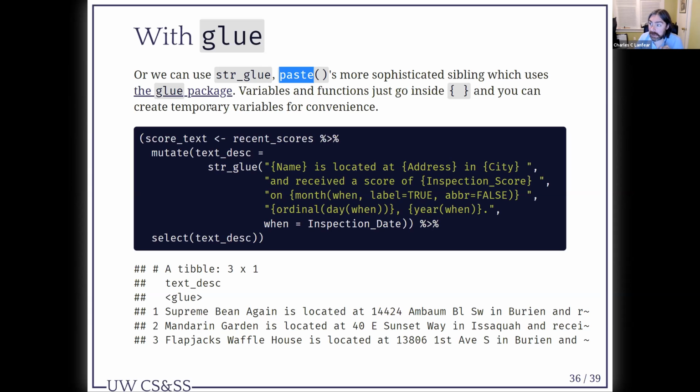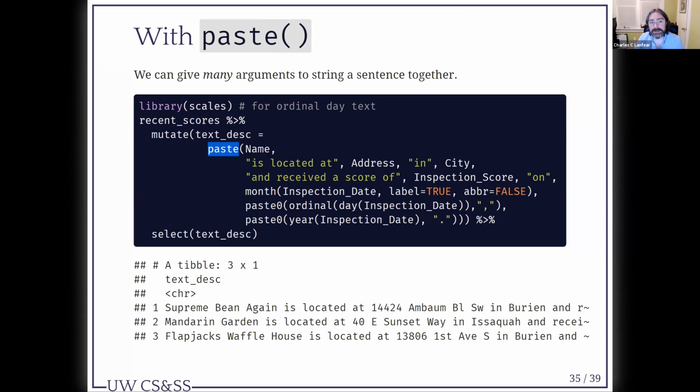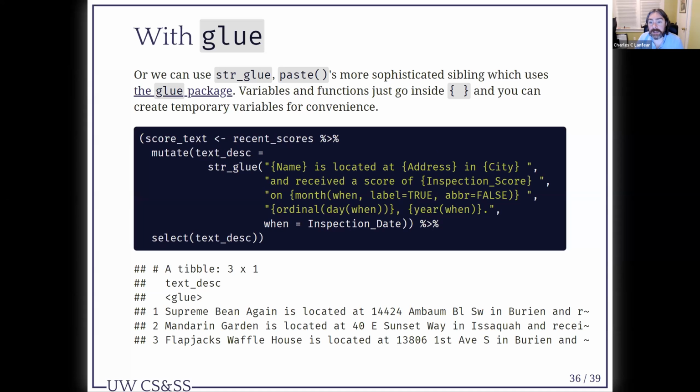This produces the exact same result, but now I write it like this. Instead of saying paste together a variable, some text, a variable, some text, I instead just get to write my sentences out. I say string glue together, squiggly bracket name. This is going to replace this right here with a value from the name variable.